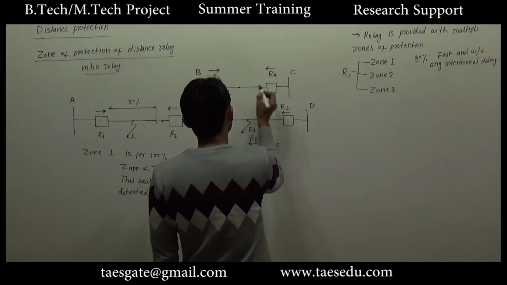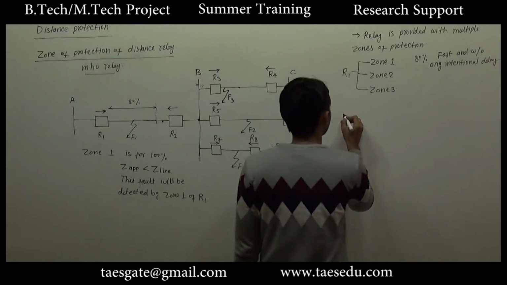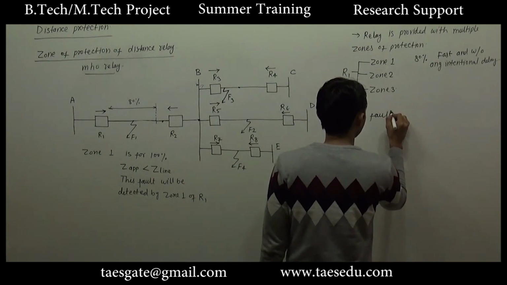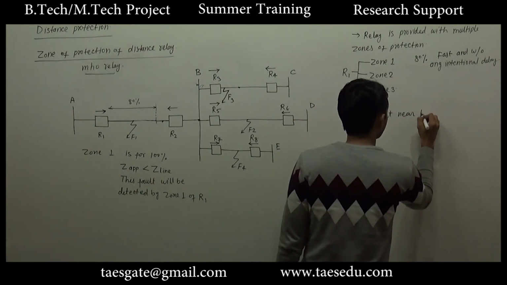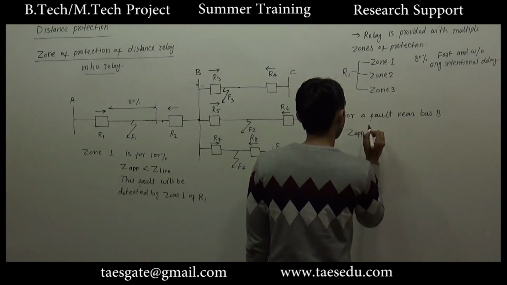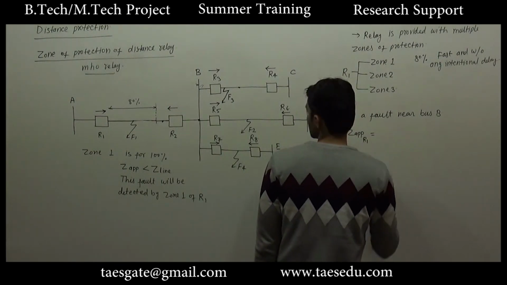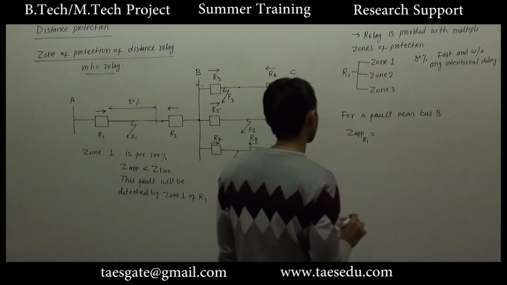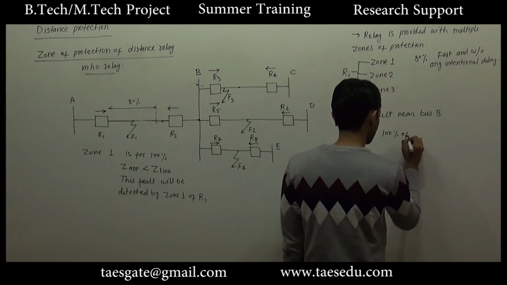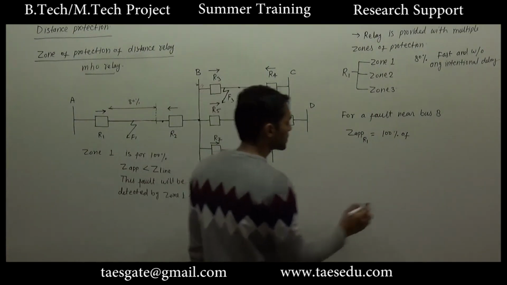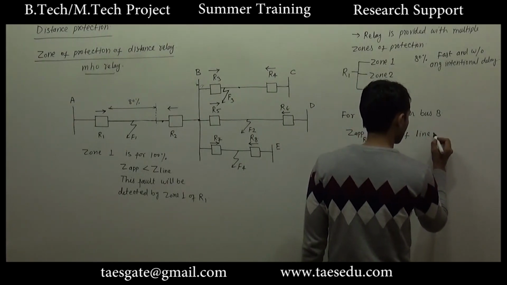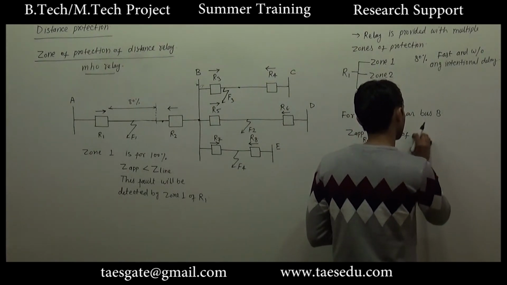So for a fault near bus B, the total apparent impedance seen by relay R1 will be approximately equal to 100% of the primary line.